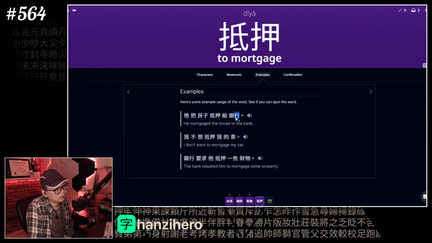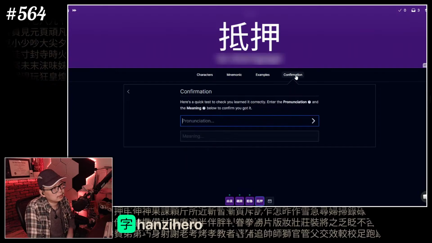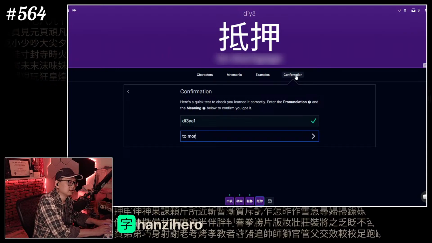Han is a different read for Xing. 我不想抵押我的车. 银行有要求他, or like required. 要求他抵押一些什么物, property. 财物, just like materials plus things. 抵押, mortgage is gonna be tough.